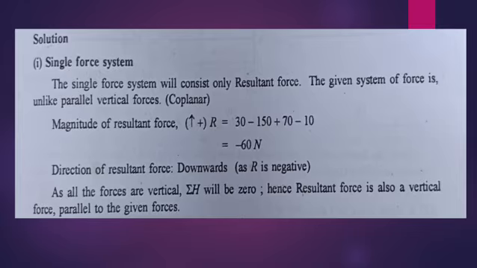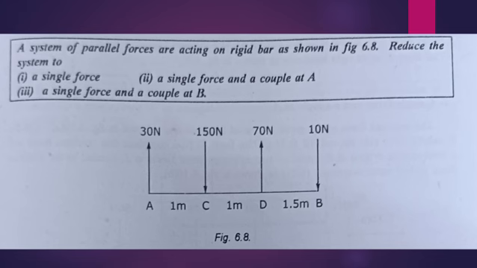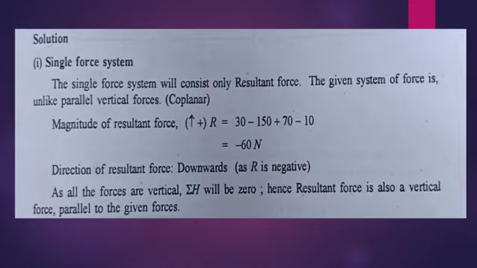Then the 70 Newton load is acting upward, therefore the sign is positive, and the 10 Newton load is acting downward, therefore the sign is negative. For upward the sign is positive, and for downward the sign is negative. Then we have to add the forces.